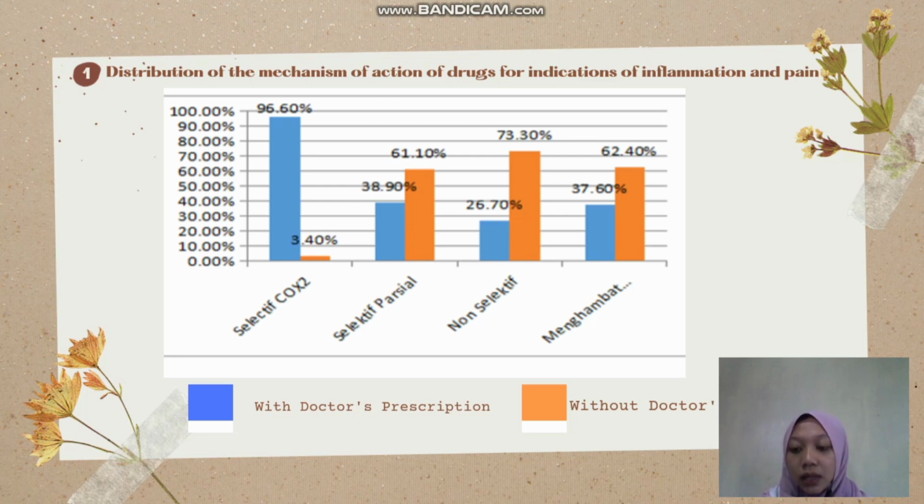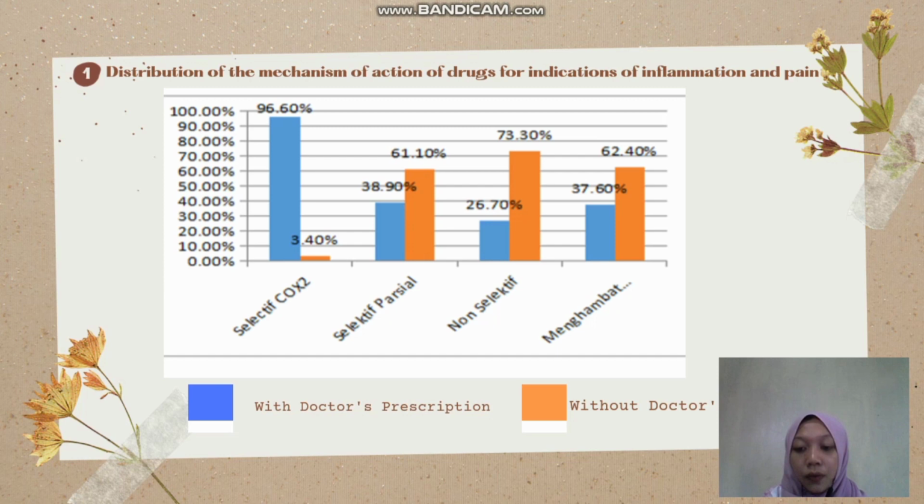Meloxicam is selective to COX-2, but a dosage of 7.5 milligrams still causes gastric effects compared with piroxicam or slow-release sodium diclofenac, so it has a low irritation effect on the stomach.